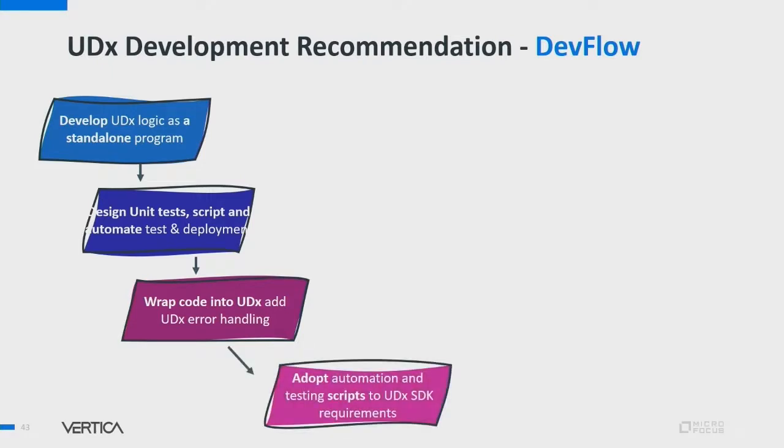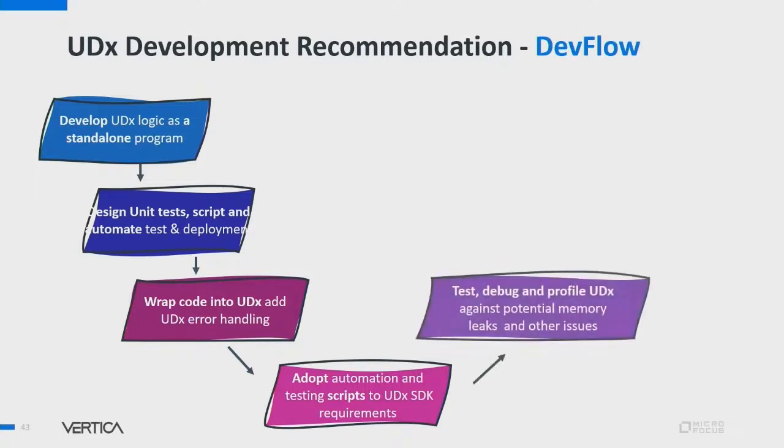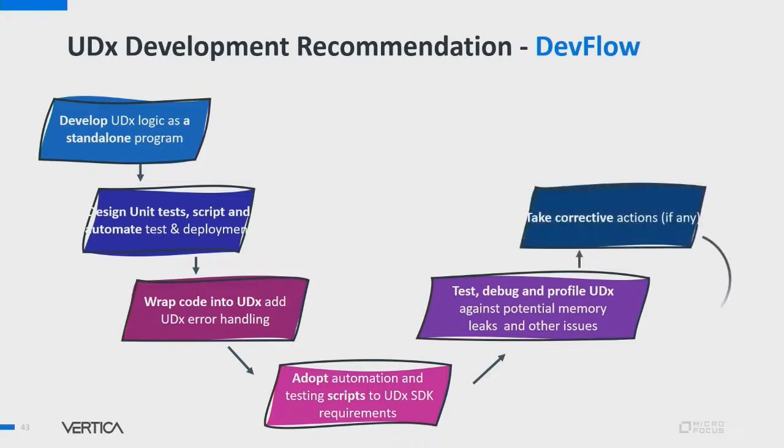Then adapt your automation, deployment and testing scripts to your UDX behavior. Then test, debug, profile. I'm going to talk a couple of words about this later on, and check against potential memory leaks and other issues. And then if you find anything suspicious, any bugs, you have to take corrective actions.